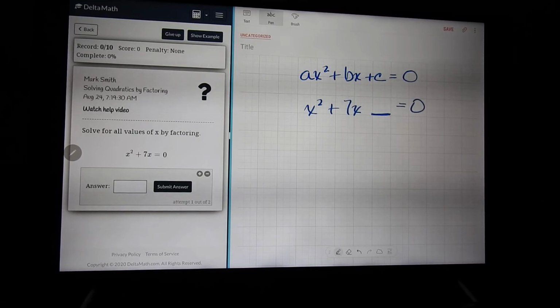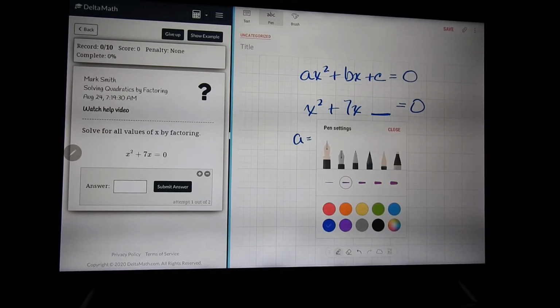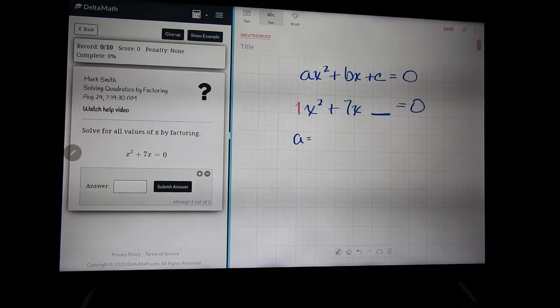We don't have a constant in this one. So when we're looking for our a, it's going to be our invisible 1. Our b is going to be 7, and our c, because there isn't any c here, this is like a 0, so c is going to be equal to 0.